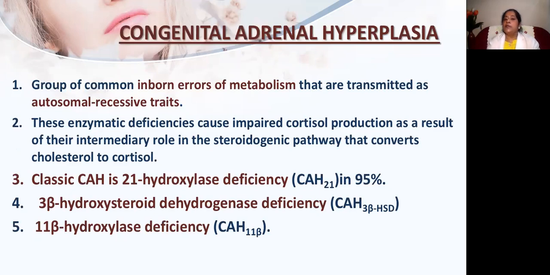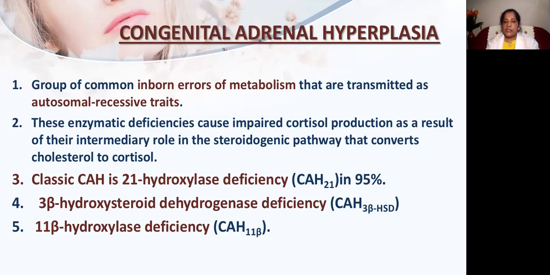Now coming to congenital adrenal hyperplasia. This is a group of common inborn errors of metabolism which are transmitted as autosomal recessive traits. These enzymatic deficiencies cause impaired cortisol production as a result of their intermediary role in the steroidogenic pathway, which converts cholesterol to cortisol.